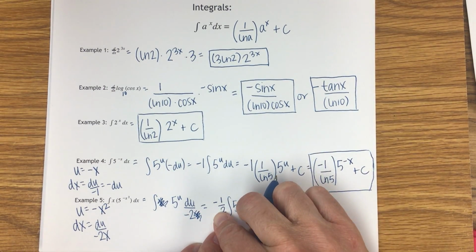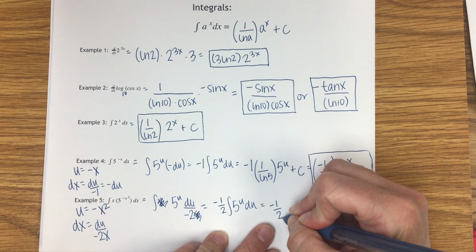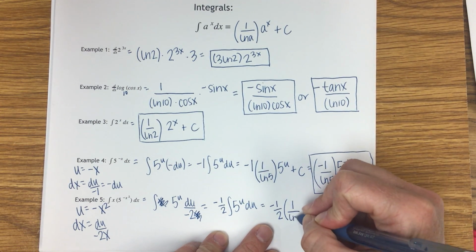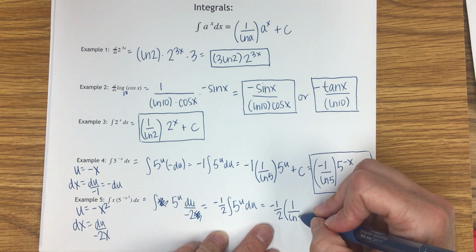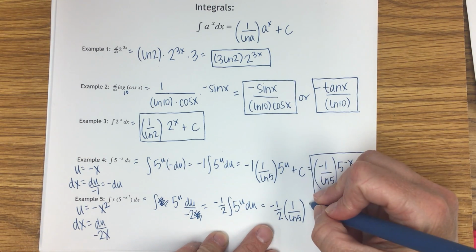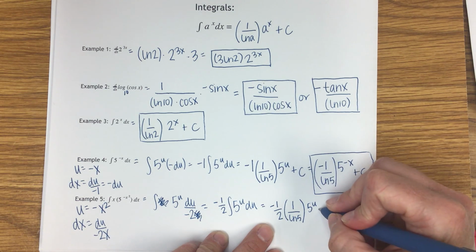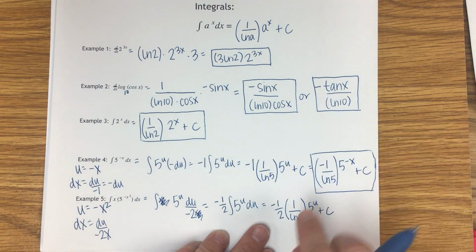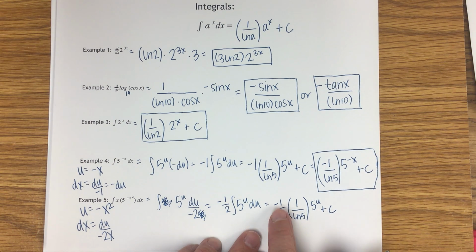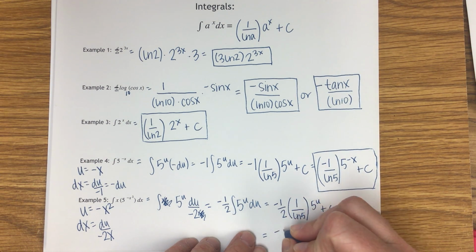So the coefficient just stays negative half, and then I apply the rule. 1 over ln of a, the base, my base is 5. Copy the function, 5 to the u, plus c. I am going to combine my constants, so I'll multiply those together. So on top, I'll have negative 1.